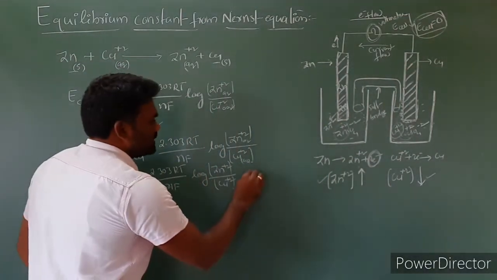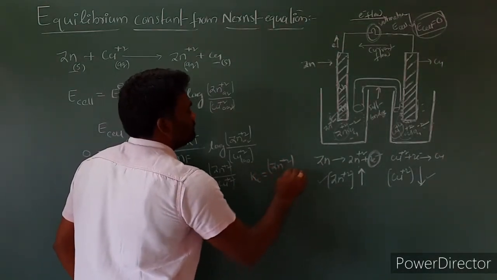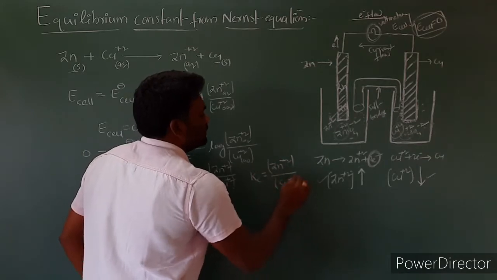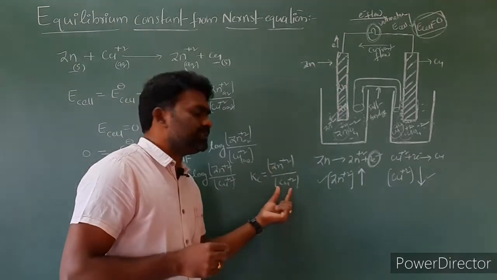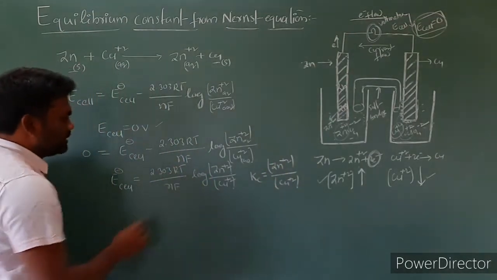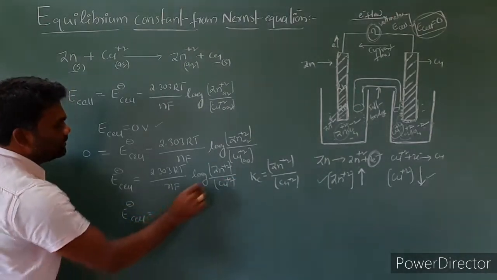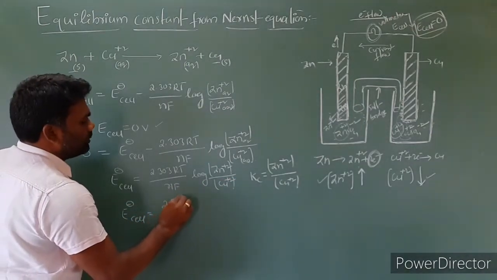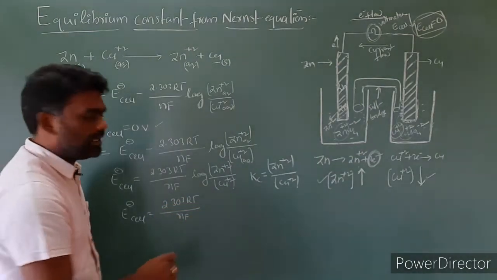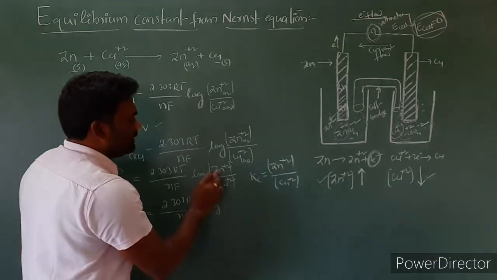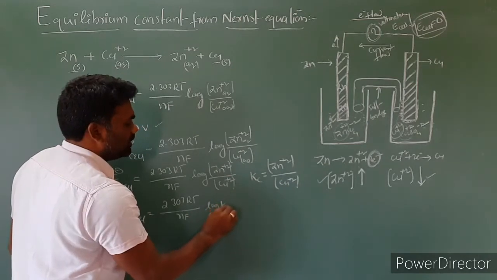At the equilibrium state, you can write Kc, which is equal to Zn2+ concentration by Cu2+ ion concentration. Kc is the equilibrium constant. Then substitute that value: E standard cell is equal to 2.303 RT/nF log Kc.